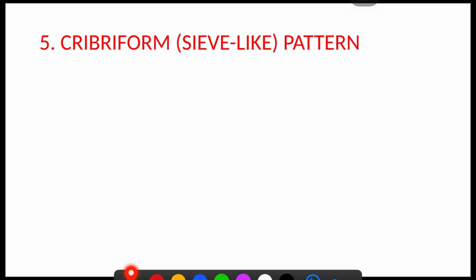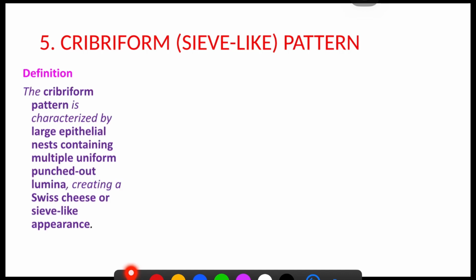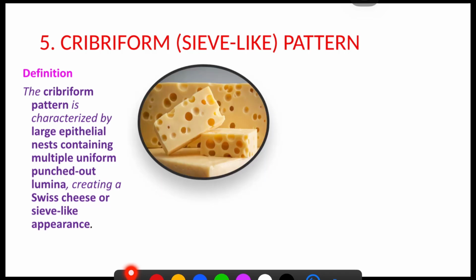Now the last pattern, Cribriform or sieve-like pattern. So what is Cribriform pattern? It is a large epithelial nest which contains multiple uniform punched out lumina, which create a Swiss cheese or sieve-like appearance.